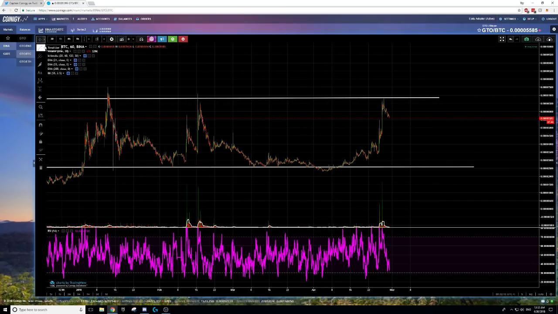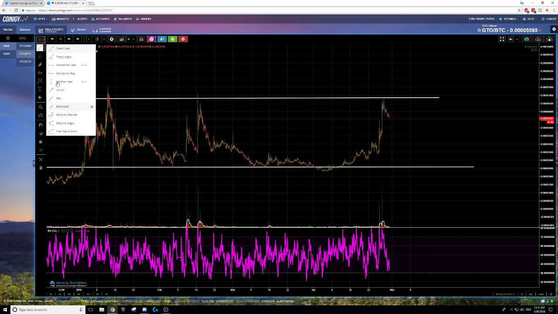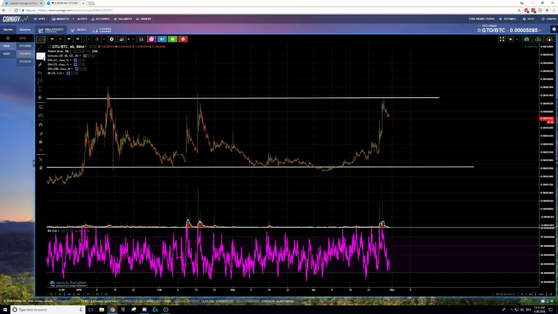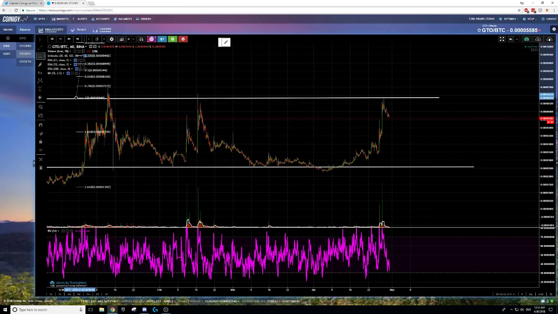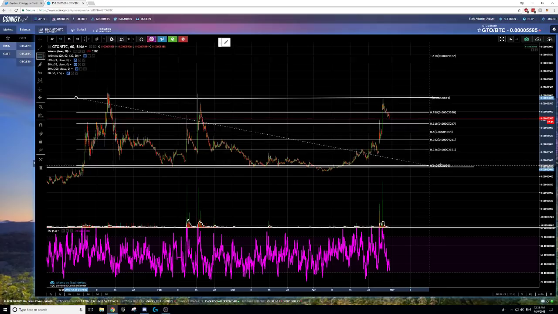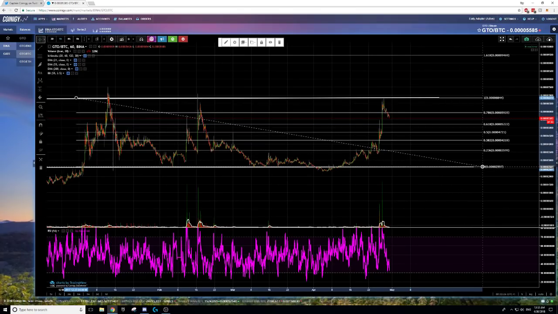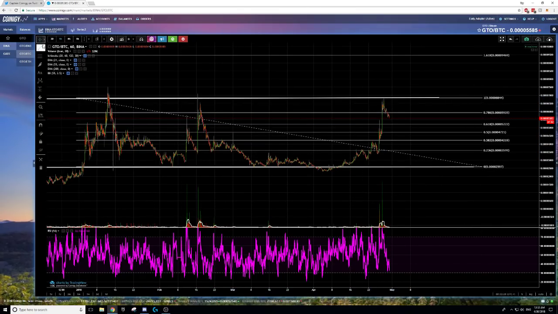And this makes it really easy to draw your fib levels, because you already have your top and your bottom clearly made here, right? Each time it hit this top, it came all the way back down.